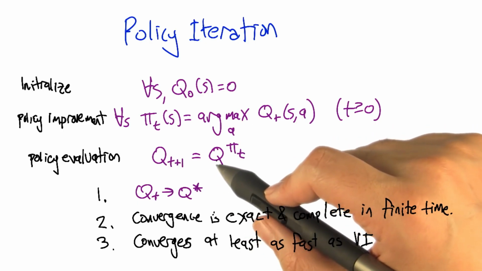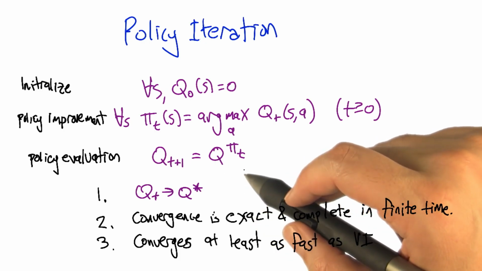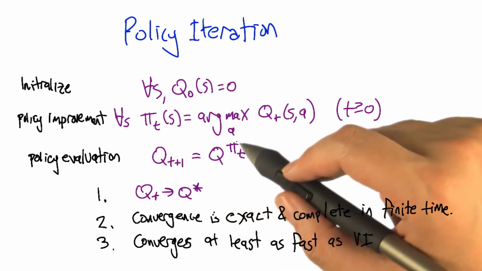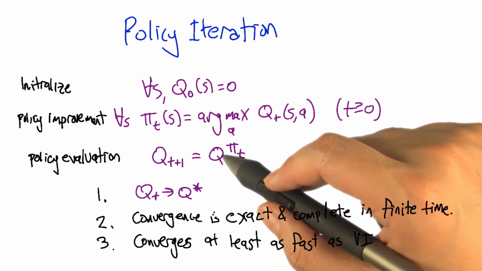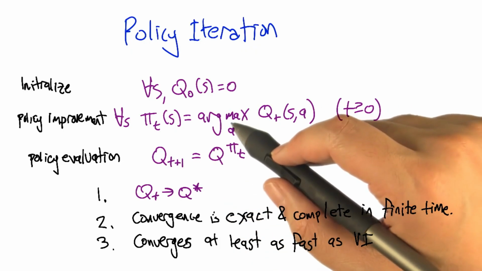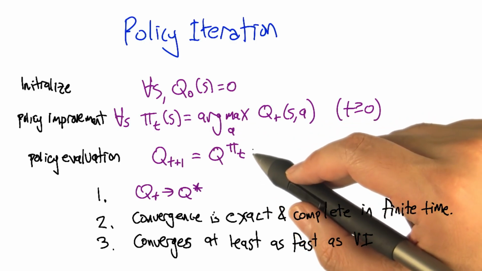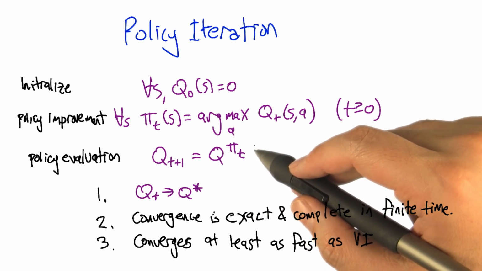So the inner loop of policy iteration is an awful lot like value iteration, and maybe it's not so surprising that it goes at least as fast. It's doing a lot more work. Each iteration of policy iteration does pretty much all the work of value iteration. Well, it just depends upon what you're counting. I say we just count the outer loop.